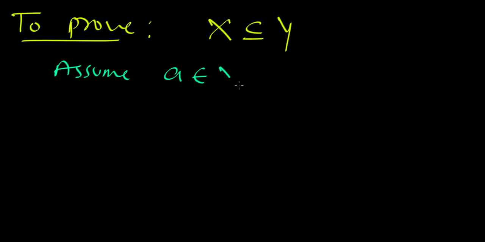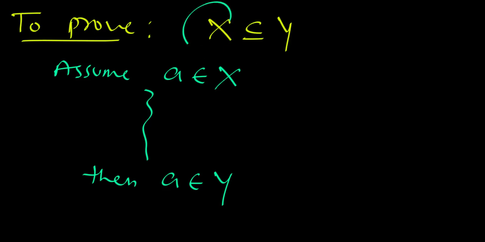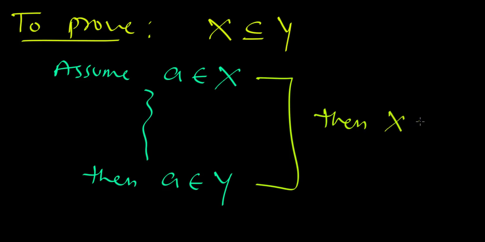Just assume that some element belongs to X, and then prove that this element also belongs to Y. It means every element that is in this set is also in this set. If you do this, then I can say that X is a subset of Y. This is the idea.